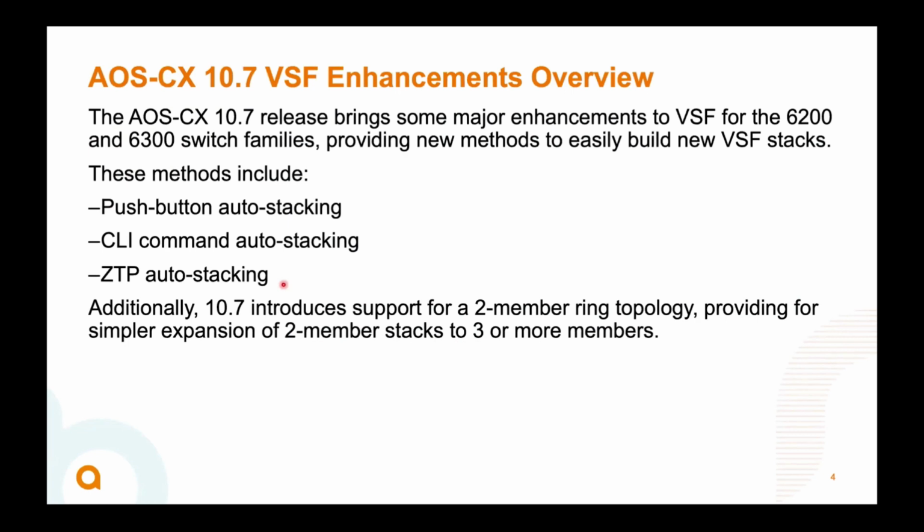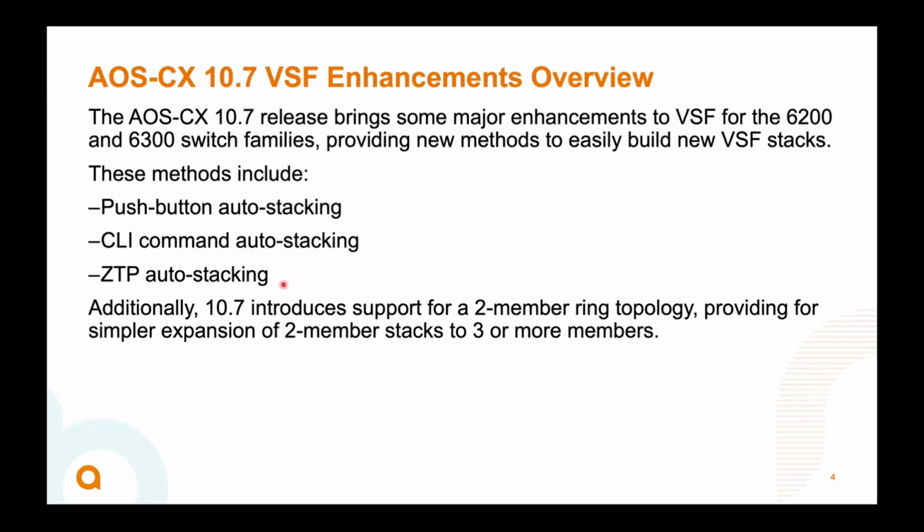Those include auto stacking using a push button on the front panel of the switch, auto stacking with a CLI command from a console session, and auto stacking using the zero-touch provisioning feature on the switch, or ZTP. And I'm going to go into depth on each of those methods during this session.